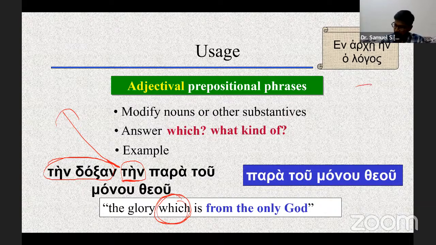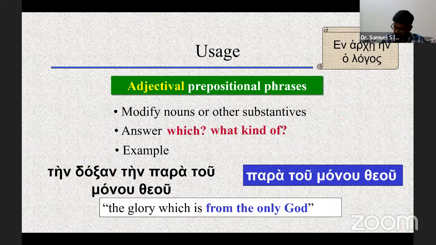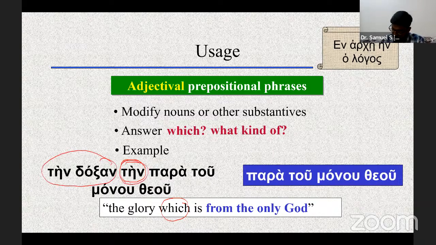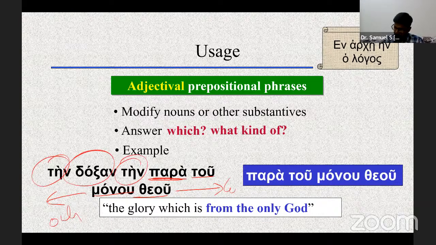Some people have counted 51 different ways, something like that, some crazy number, about 50 different ways by which articles work. Here the article is functioning like a pronoun, which: the glory which is from the only God, right? And here's a prepositional phrase, para tou monou theou. Monou only, theou God, right?